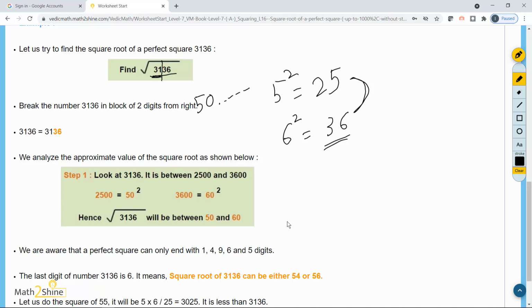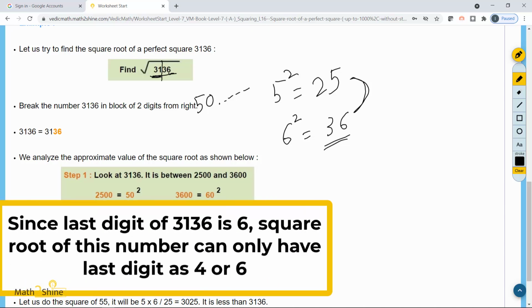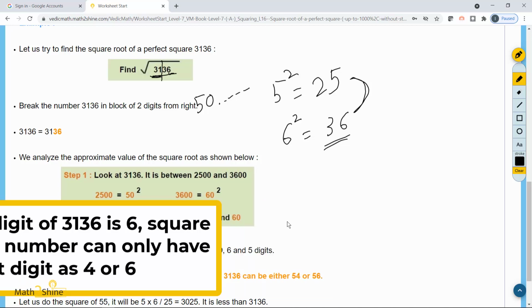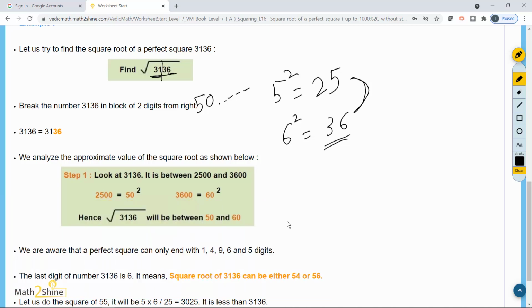Again, if we see the last digit here, last digit is 6, and we know one pattern. If the last digit is 6, the square root either has to end with 4 or it has to end with 6. So it means there are only two possibilities for the square root.